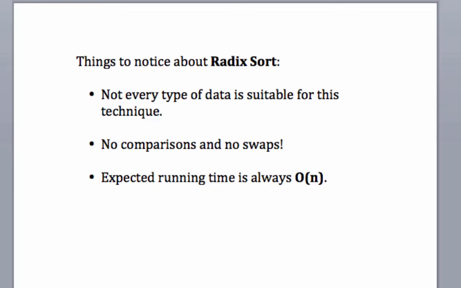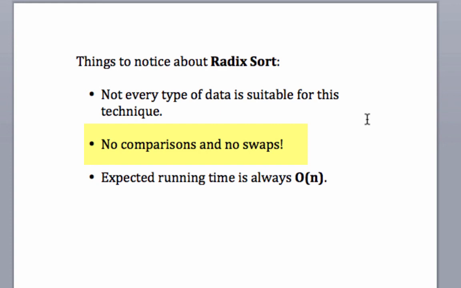So let's analyze the RadixSort. As pointed out through the discussion, not every type of data is suitable for this technique. But the thing to realize is that this is different from other sorting techniques in the sense that we do not compare one value with the rest, and we don't exchange the positions of the values.